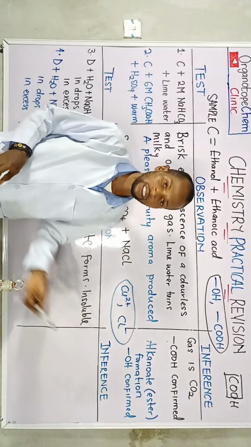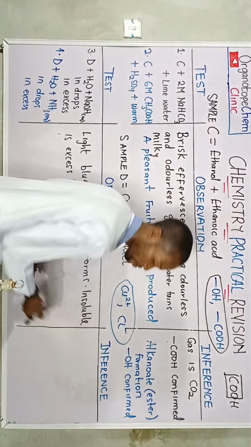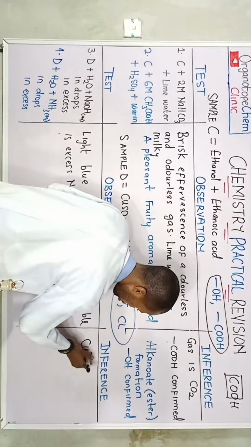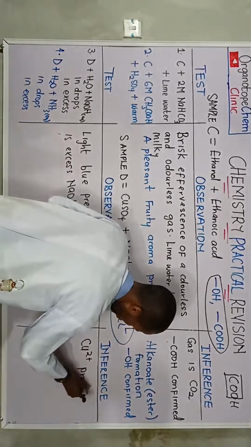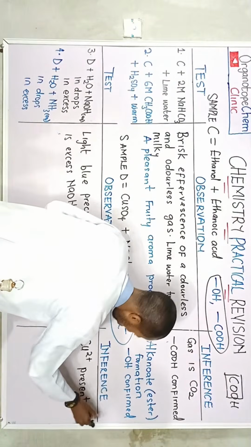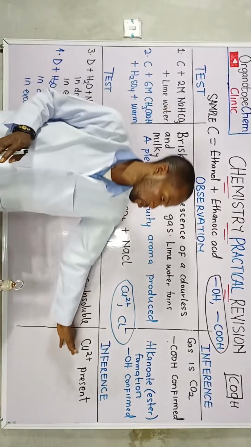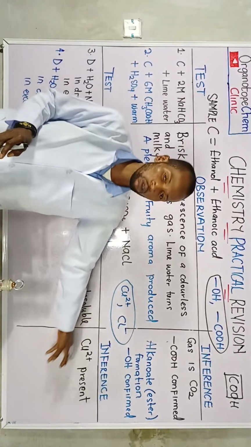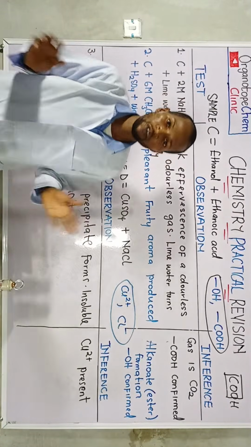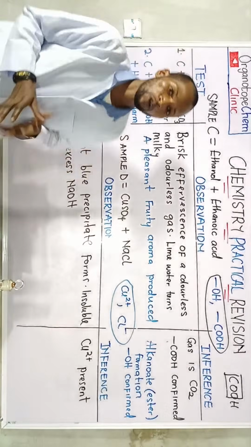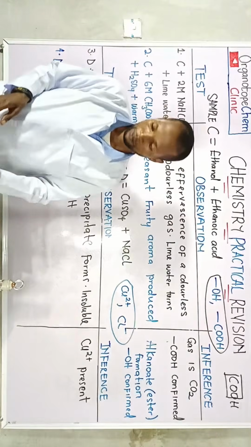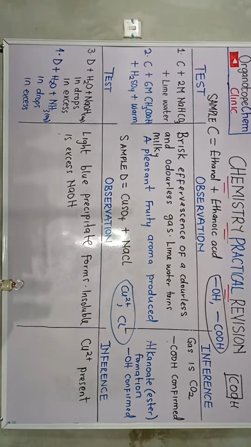Now this particular test will have what inference? Cu²⁺ presence. Copper 2 plus presence, okay? If you are okay with this inference, type copper 2 plus presence.